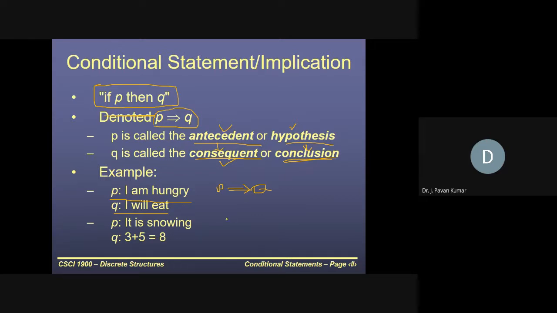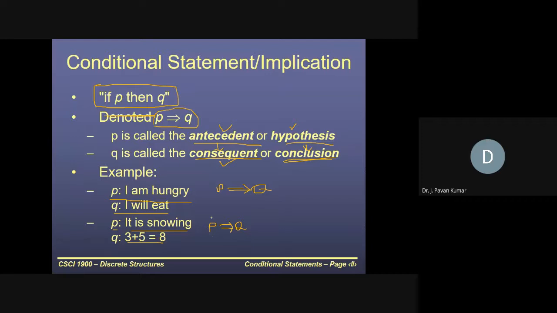Now consider another two statements: P is it is snowing, Q is 3 plus 5 is equal to 8. In general, there is no link between P and Q. Intuitively, there is no link between P and Q. Yes or no? It is snowing, it is independent. 3 plus 5 is equal to 8, it is independent.